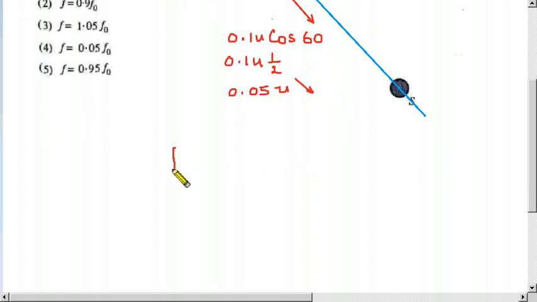So the equation is f equals u plus this one, 0.05 times u, because the component we have to use here, then divide by u times f naught.